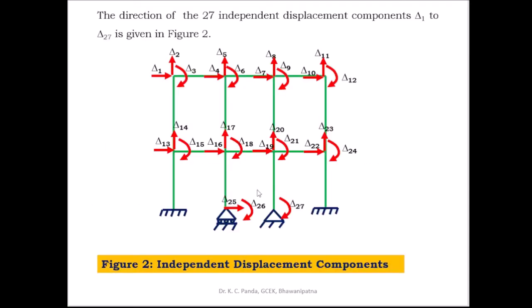The directions of the 27 independent displacements are given in this figure: 3, 3, 3, 3, 3, 3, 3, 3, and here 2 and here 1. So these are the 27 independent displacement components.